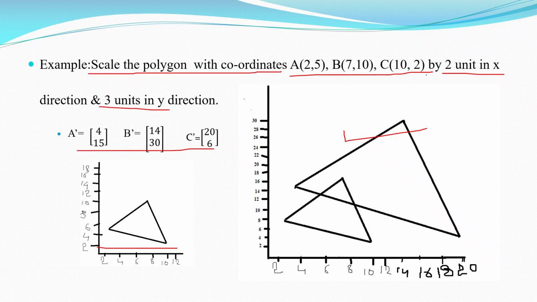Remember one thing here: we multiply the original coordinates with the scaling parameters. In translation we add the translated coordinates, but here we have to multiply. I hope this is clear to everyone.